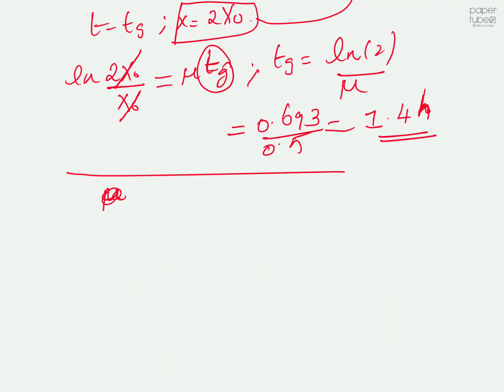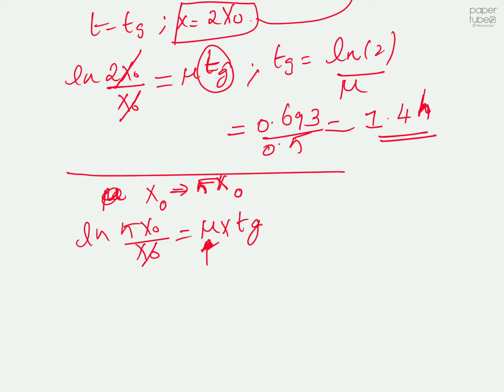For example, if after each cell division one cell splits into 5 cells, and your initial concentration is x0, your microbial concentration will be 5 times x0. How do we calculate the tg value? ln of 5x0 by x0 will be equal to the specific growth rate multiplied by tg. x0 gets cancelled, so tg will be equal to ln of 5 divided by the specific growth rate.